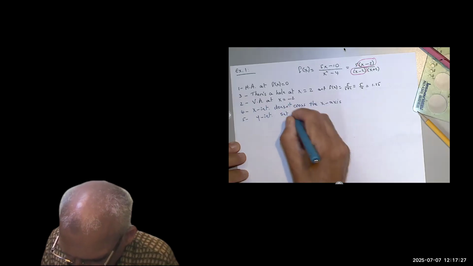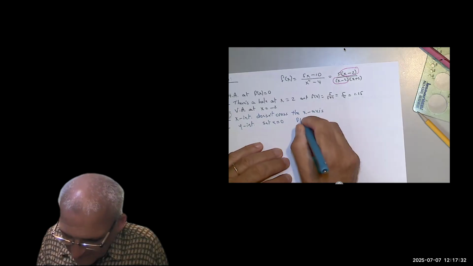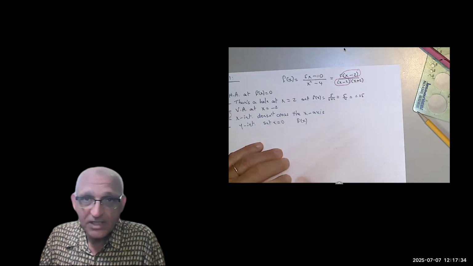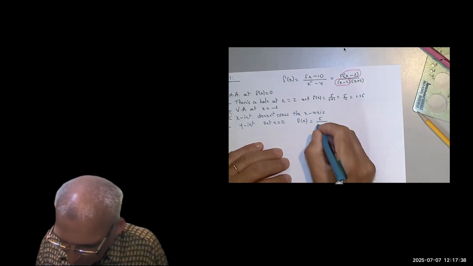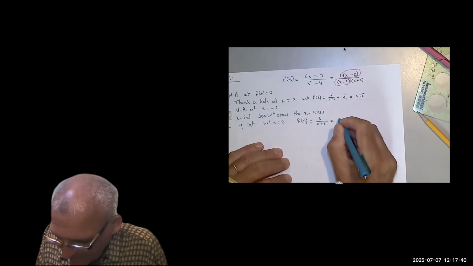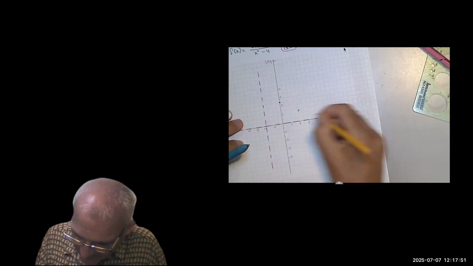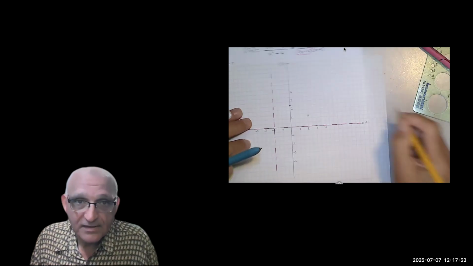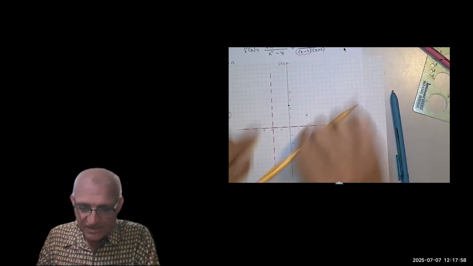Last one, I find the y-intercept. Set x equals 0. So for f of x, notice again, I ignore the x minus 2, I ignore the hole. I have 5 over 0 plus 2, which is 5 halves or 2.5. So at 2.5, the graph crosses. Now I know that the graph is going to look something like that, right? I don't need to worry about whether it's going up or down. I already know it's going up.